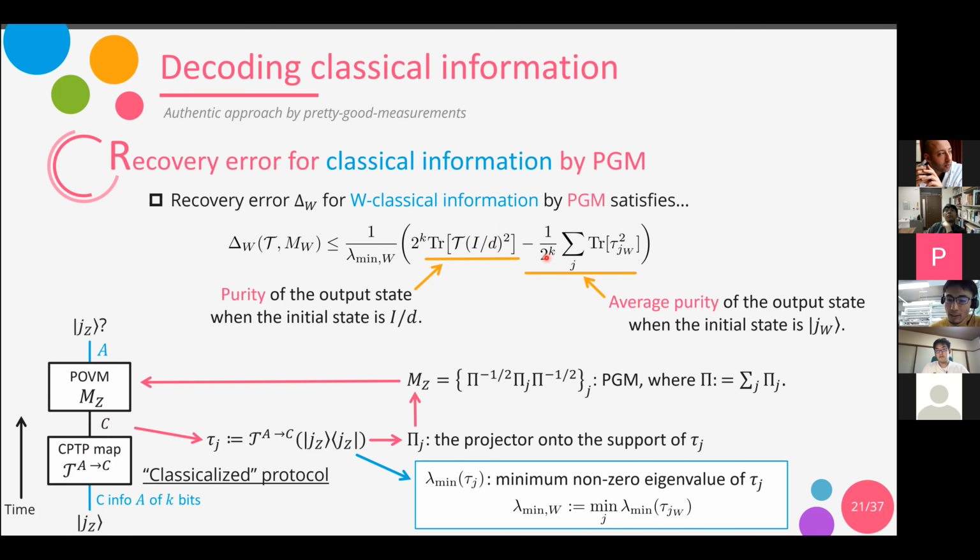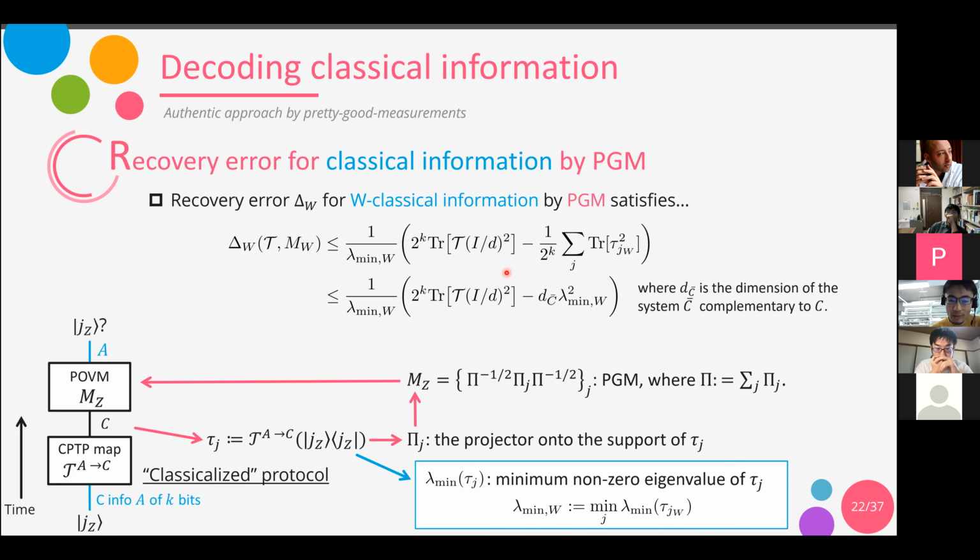And the second term is just an average purity of the output state when the initial state is j, one of the Pauli z or Pauli x bases. So this is also related to the purity. You may find this a little bit complicated because we have two purities.